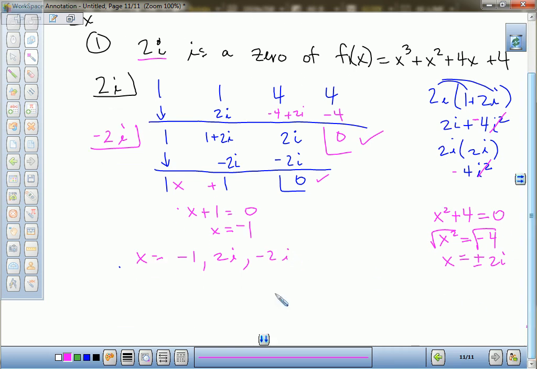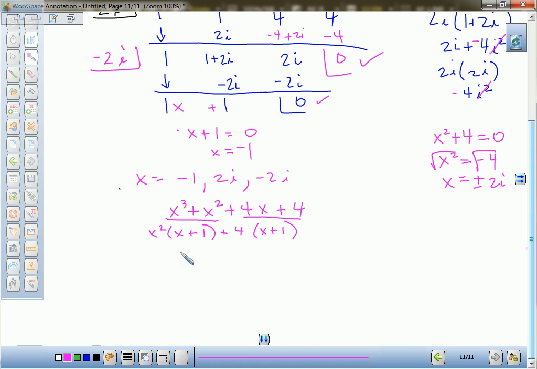Now, let's go back to that method I just talked about. This will seldom work in these problems I give you. But do you see I could group this? And then this would be an x squared and an x plus 1. And this would be a 4 and an x plus 1, which would give me x plus 1 times x squared plus 4.